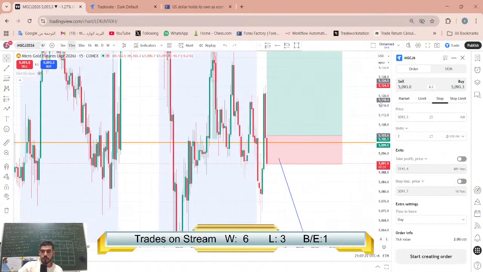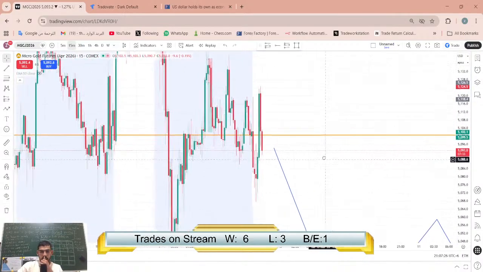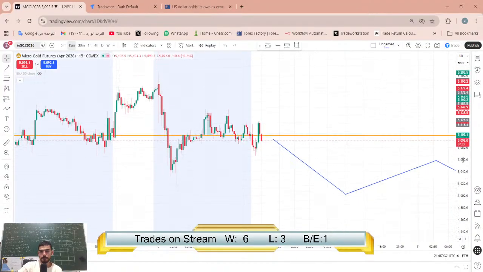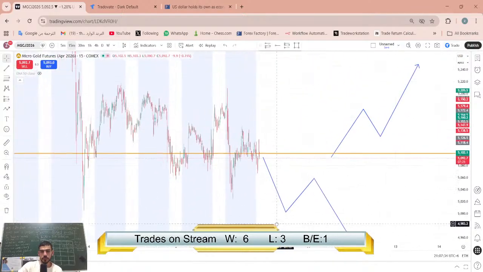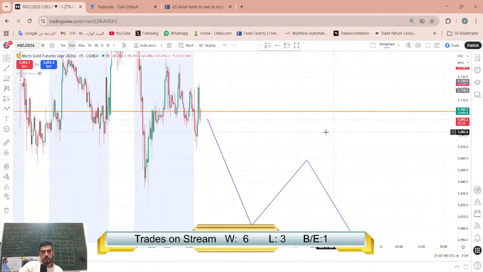So I'm going to remove my buy stops again. Remove this and remove this one. Yep. Looks like it wants to move to the downside, to be honest. Do you guys?